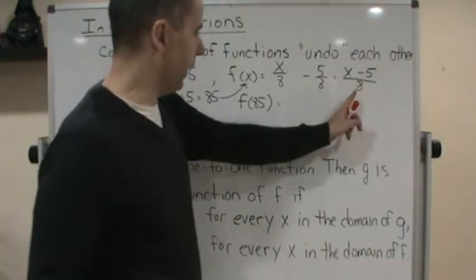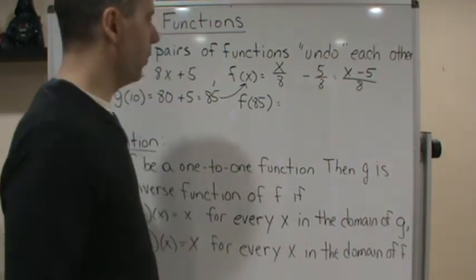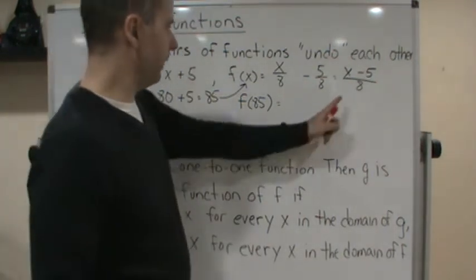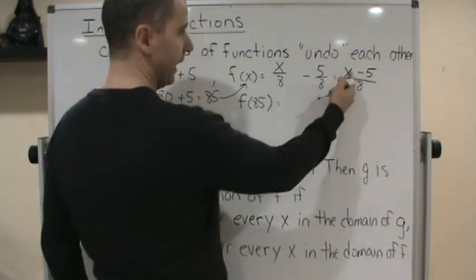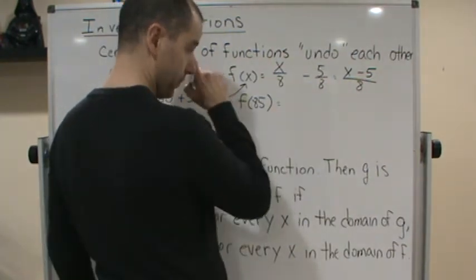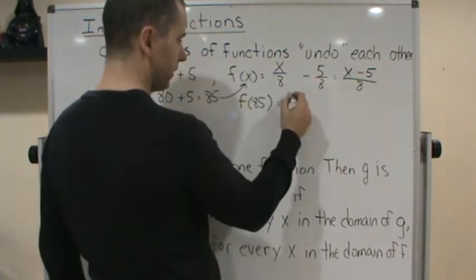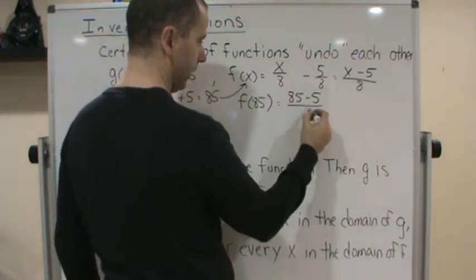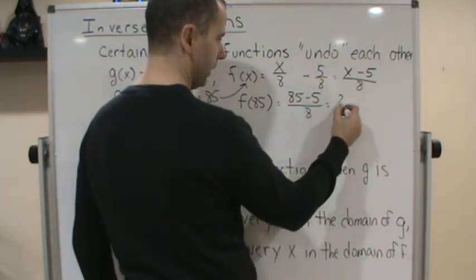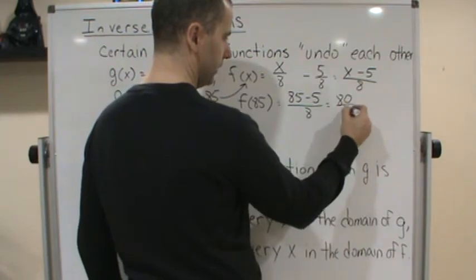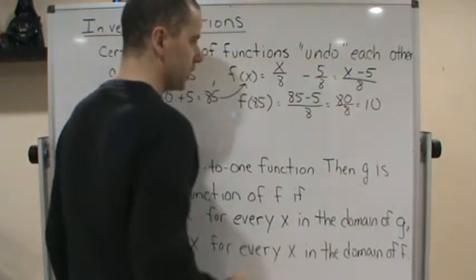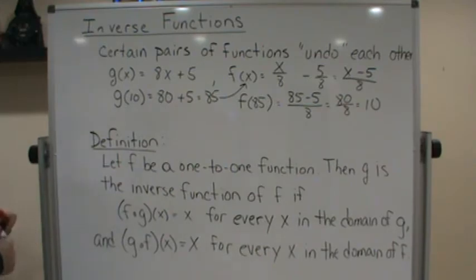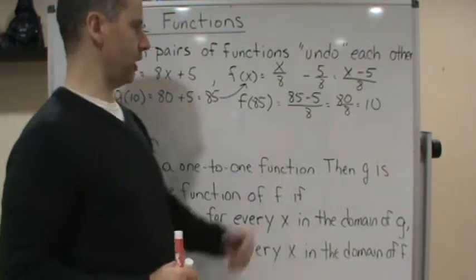If I write it this way, I take x minus 5, so it's 85 minus 5 over 8, which gives me 80 over 8, which brings me right back to where I started. So this is what I mean by they undo each other.